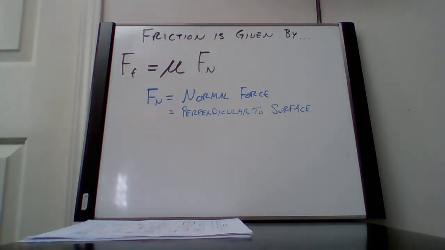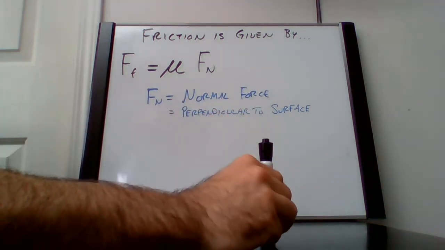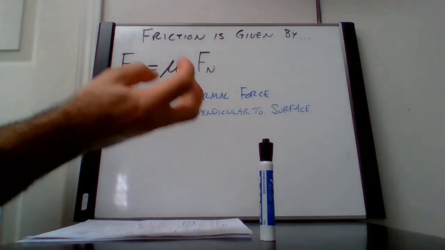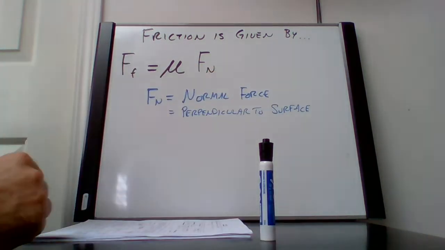So normal force. Let's think about this table. This is our surface that we're dealing with, and I put my marker on this. Gravity is trying to pull this marker down, but this table, this surface, is pushing that marker back up.